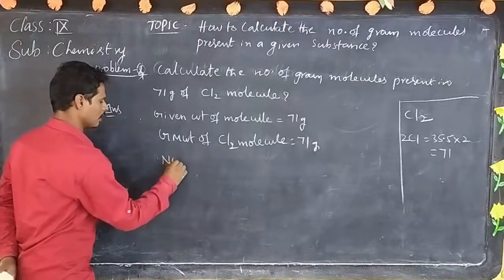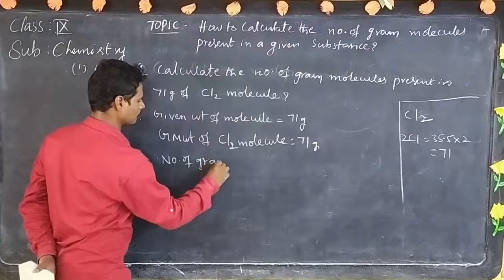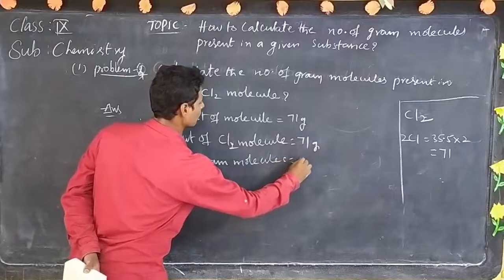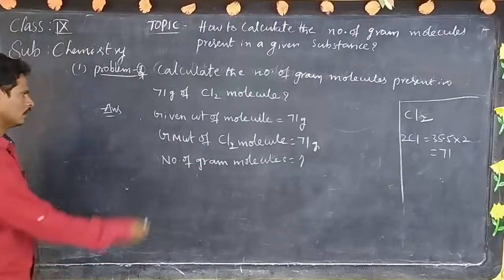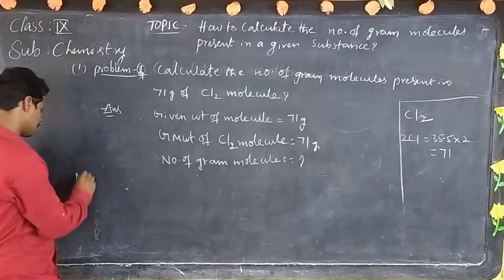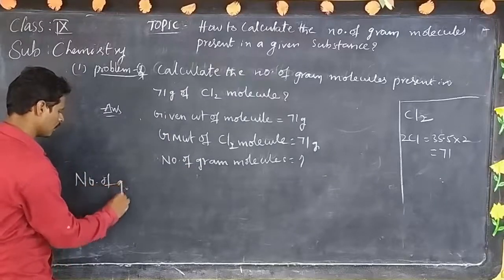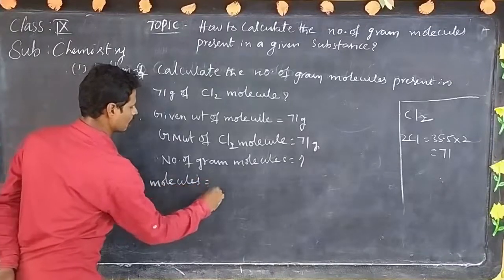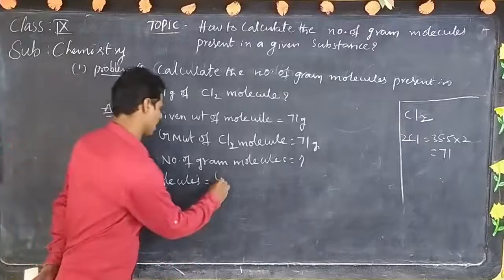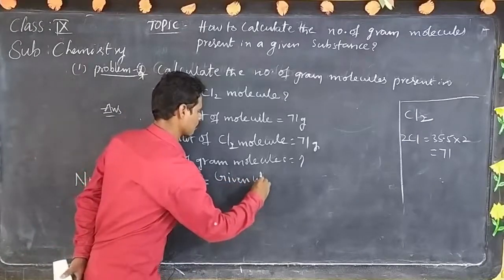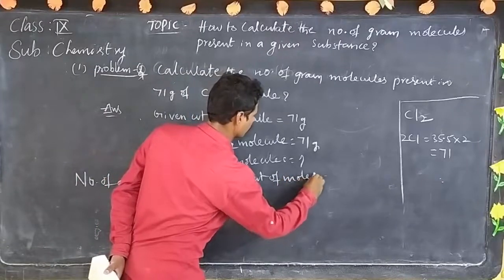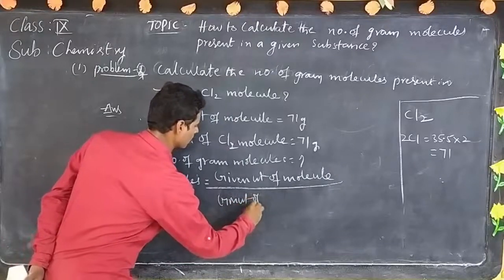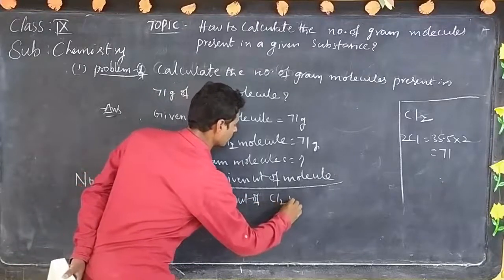Now which one do I have to calculate? Number of gram molecules, question mark. We know the formula: number of gram molecules equal to given weight of molecule by gram molecular weight of Cl2 molecule.